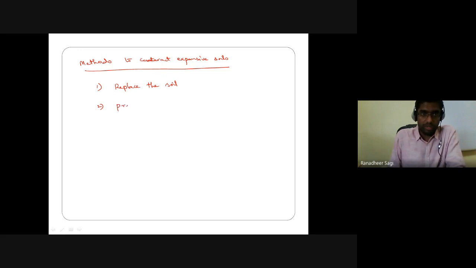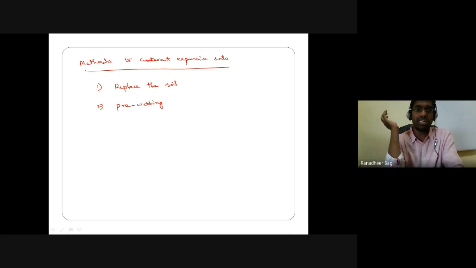The second thing we can do is go for pre-wetting. The swelling which was expected to happen in the later stages because of the saturation level increasing in the soil: before the construction itself, if you can ensure proper pre-wetting in that soil, let the free swelling happen.